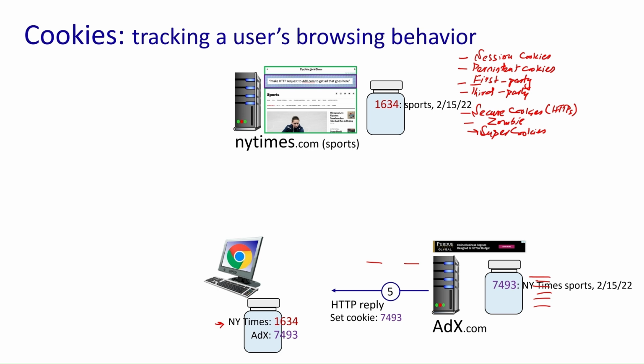So the client will set a cookie for the third party, which is edX.com, 7493, and this is called a third party cookie. This cookie is from a website we did not choose to visit. My interaction is with New York Times, but I'm getting this ad from a third party.